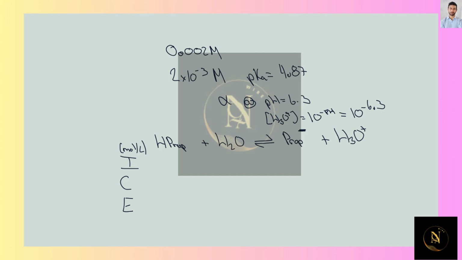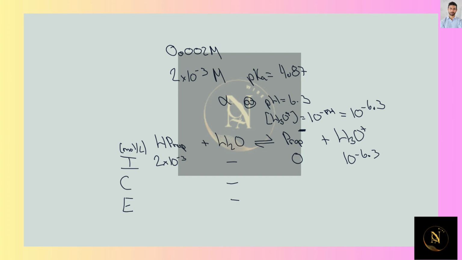Of propanoic acid, we are beginning with 2 times 10 to the minus 3. Water doesn't enter into the equilibrium, so we can disregard it. Of propanoate, let's assume that we have 0, that is the ionized version of my propanoic acid. And of H3O plus, I'm going to have 10 to the minus 6.3.